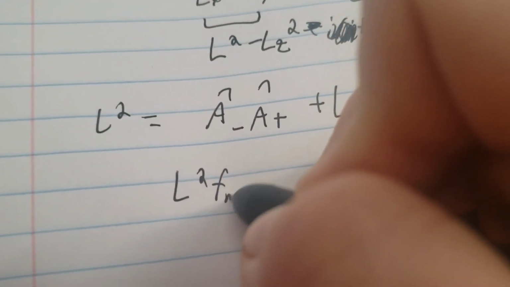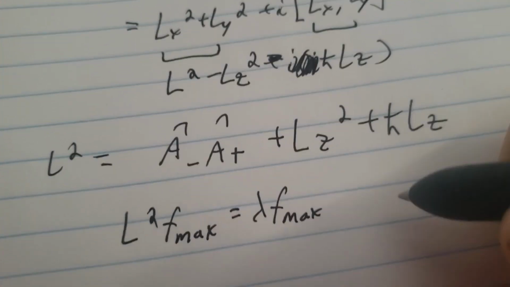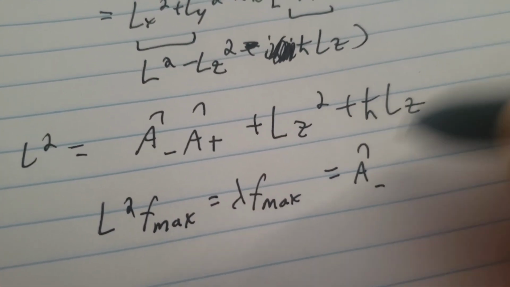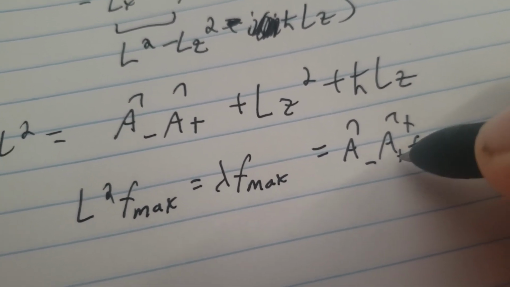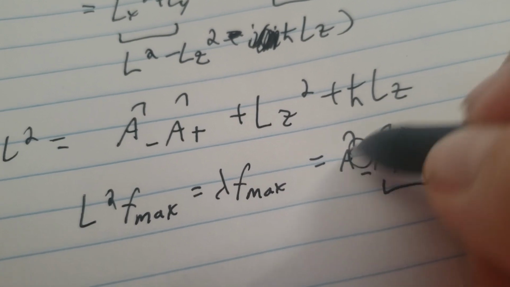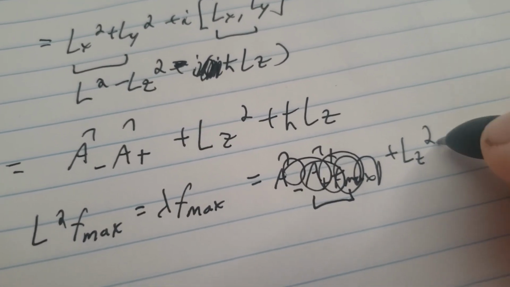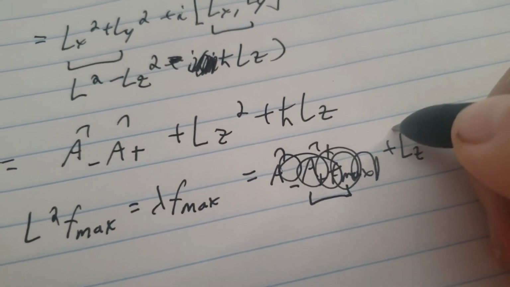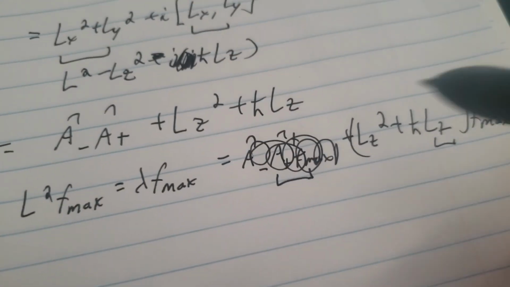Now let's act it on f max. L squared f max equals lambda f max, since our total angular momentum eigenvalue does not change. But we know that A plus acting on f max is just 0, and we know that f max has Lz of l h bar.